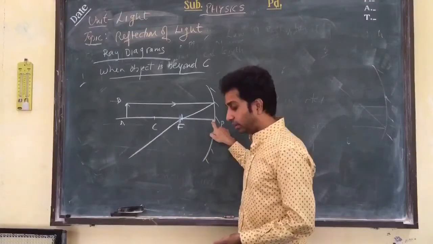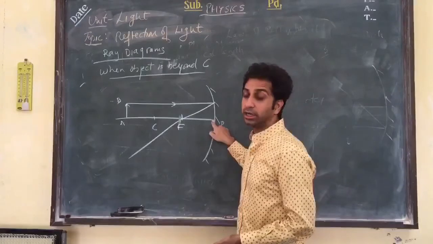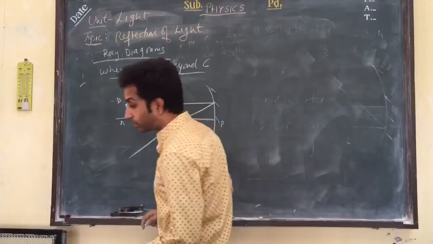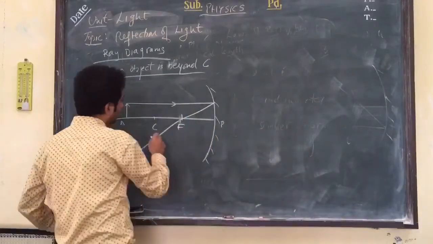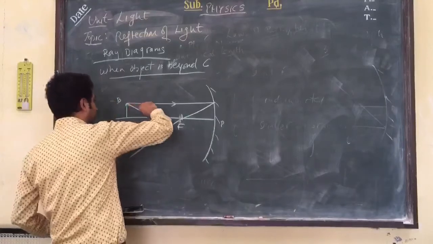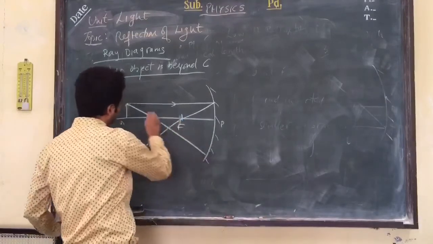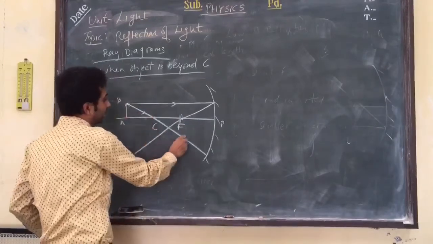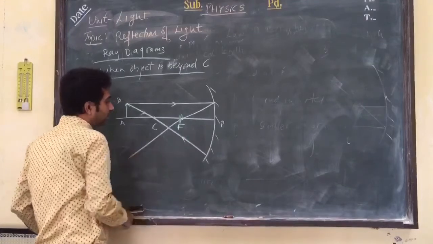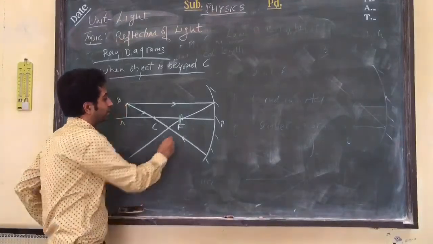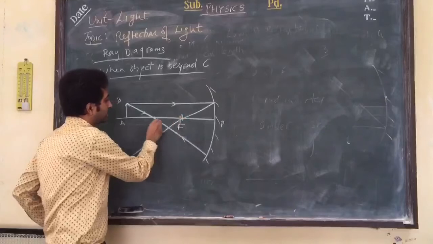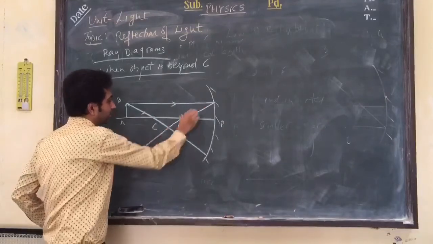You can take any type of ray for these ray diagrams, right? Suppose I take one ray passing through the center of curvature, then as per the rule, it will retrace its path along the same direction. So this is a reflected ray, and this is a reflected ray.